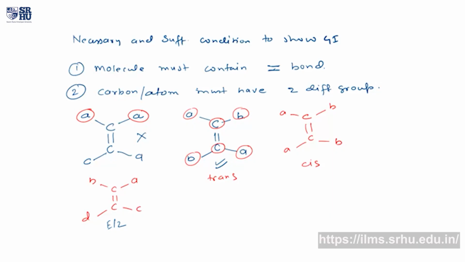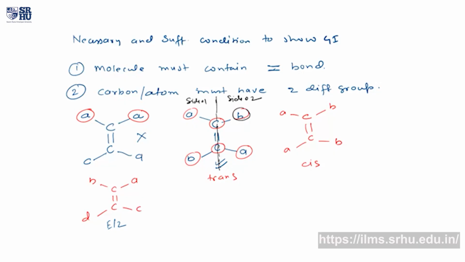When I talk about the same side, consider a plane along the length of the carbon-carbon double bond: this is side number 1 and this is side number 2. Same side of the double bond means along the length of the carbon, if you imagine a straight line or a plane, either side of the plane is one of the two sides.